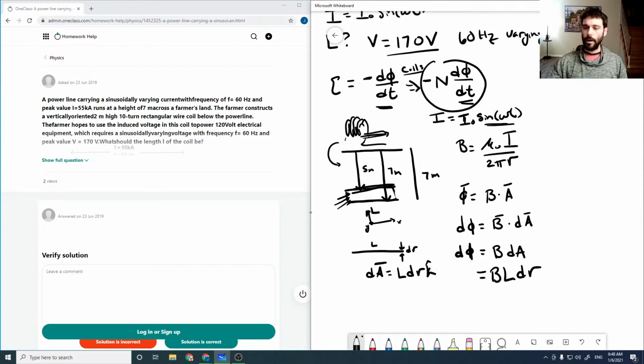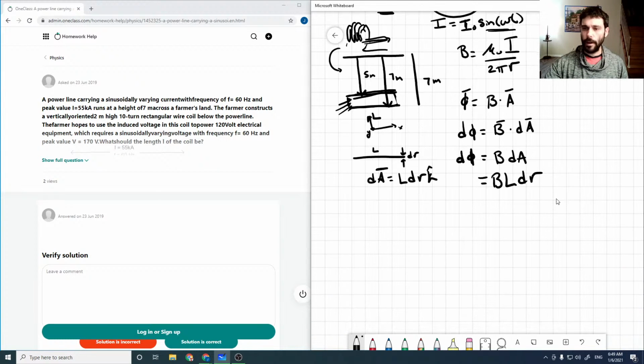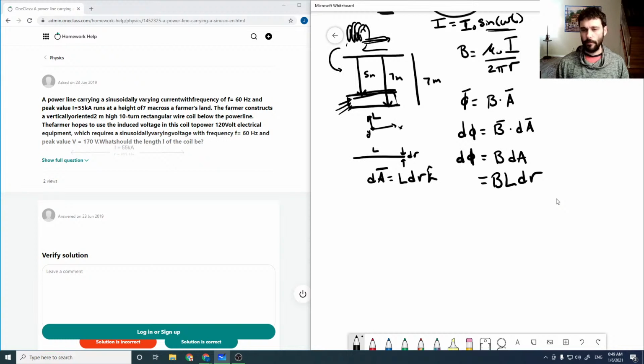And so now we want our total flux. So we need to integrate it from 5 to 7. So our flux is the integral of BL dr from 5 meters to 7 meters, which is just the B and L, and now filling in for our B field from above.